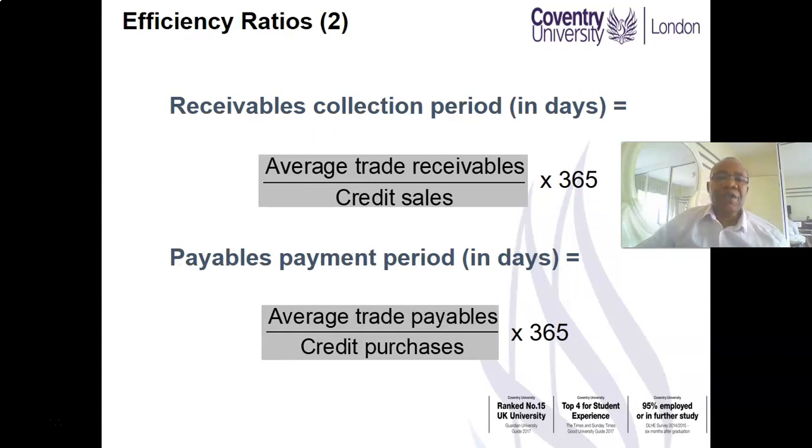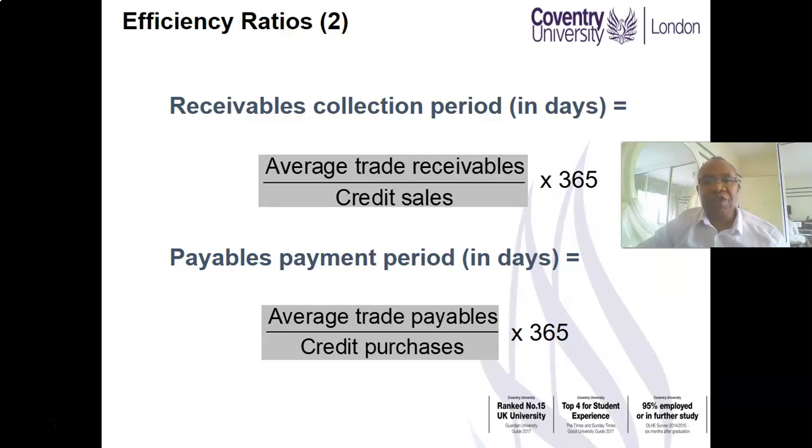The second working capital ratio will be the receivables collection period. This is calculated as the average trade receivables divided by credit sales. Again, with this ratio, you can use the trade receivables at the end of the year instead of average receivables.